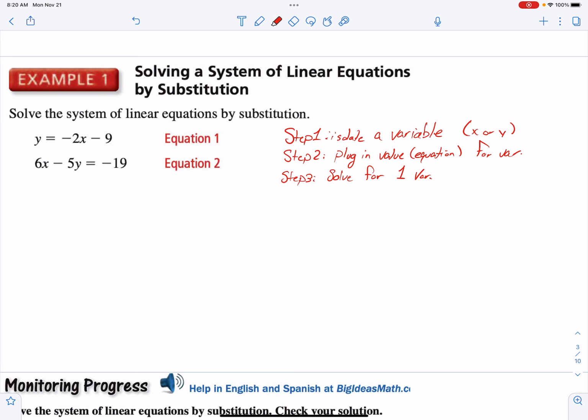So again, if you need to pause and write all those steps down, go for it. But essentially what we do is isolate a variable. In this equation, you can already see we have the y isolated, so we've already got step 1 done. What we're going to do next is take what y is equal to, and instead of writing y in our second equation, we're going to write that stuff.